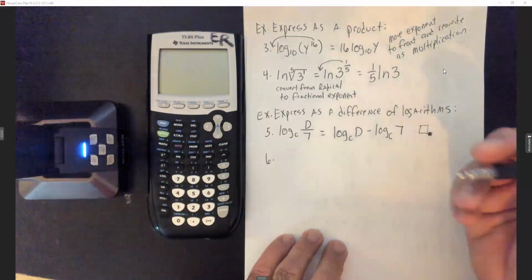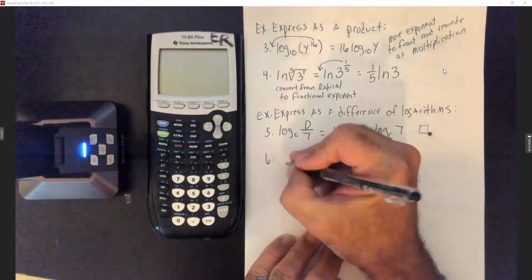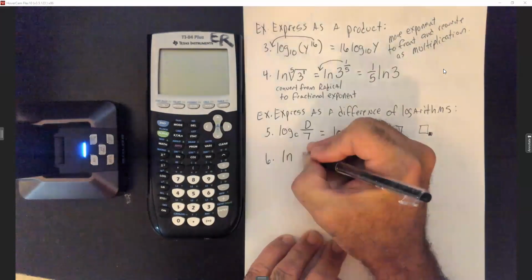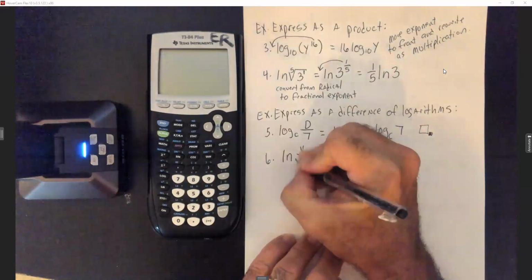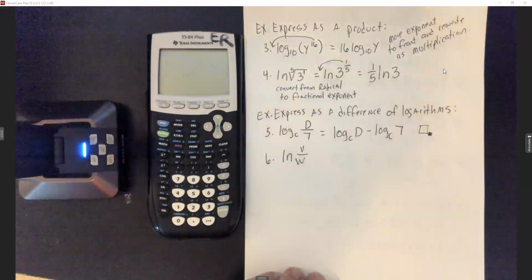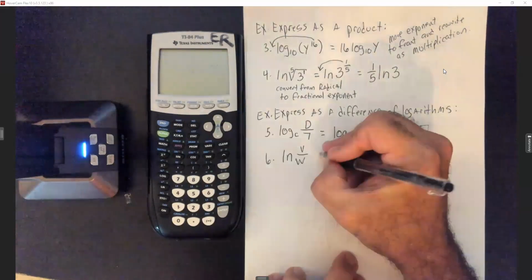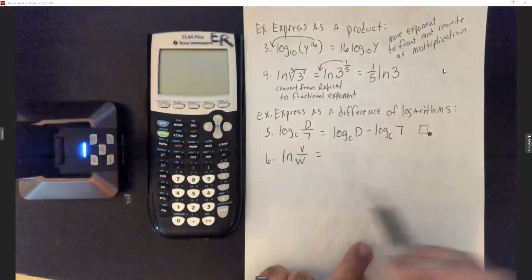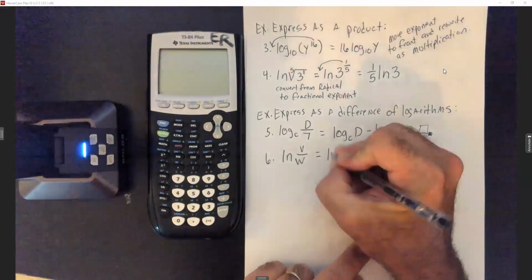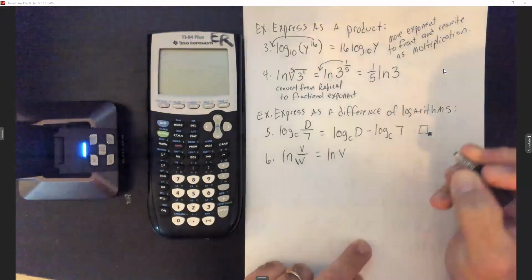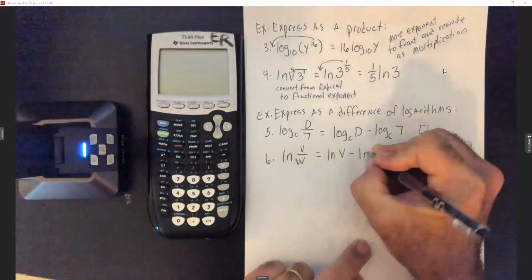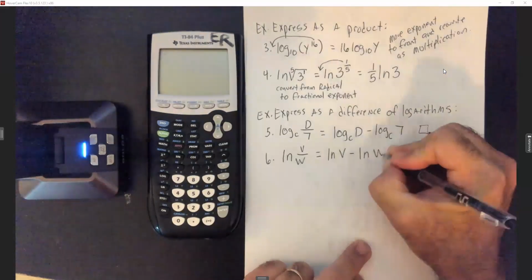So 6 will be the ln of V divided by W. Same thing, right? Take the ln, distribute it. So you get a ln of V minus ln of W.